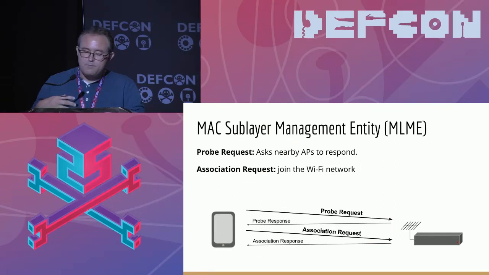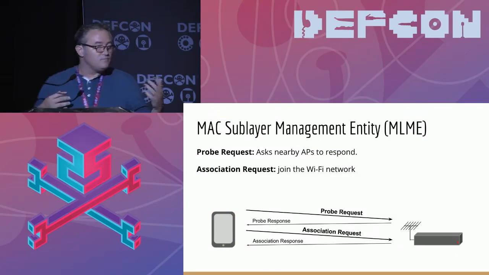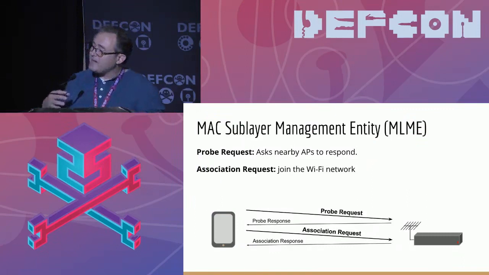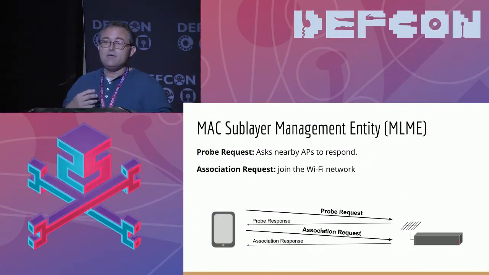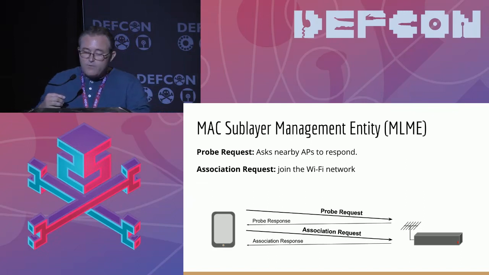The mechanism works by examining Wi-Fi management frames called MLME frames. These are frames used to join, leave, and configure the Wi-Fi network. They're not TCP/IP packets. They're not routable. They don't leave the Wi-Fi network. We'll focus on two specific types of frames. The probe request is where a Wi-Fi client can ask for all nearby APs or one specific AP to respond.